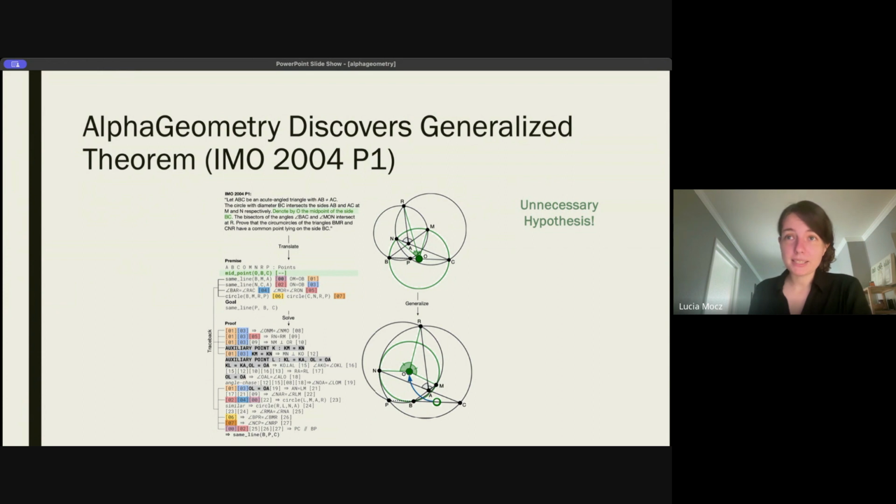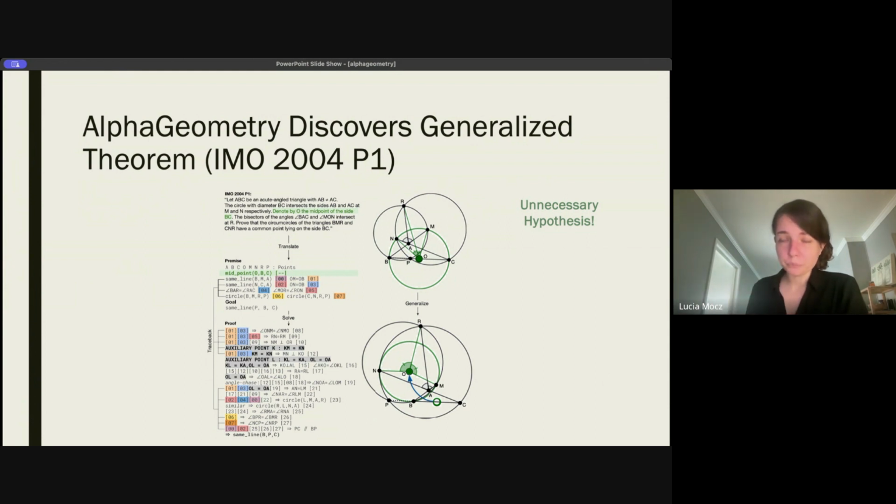And there are many cases in mathematics, both in competition problem solving and in mathematical research, where people add additional premises because they believe it is necessary to solve a problem. It maybe makes some of the steps easier for us as humans to think about, but is actually unnecessary in the grand scheme of things to be able to solve the problem.